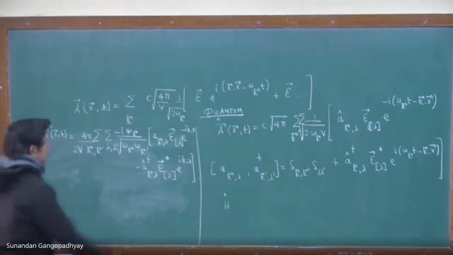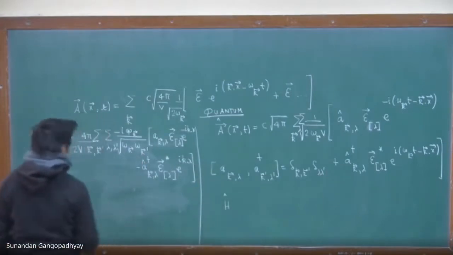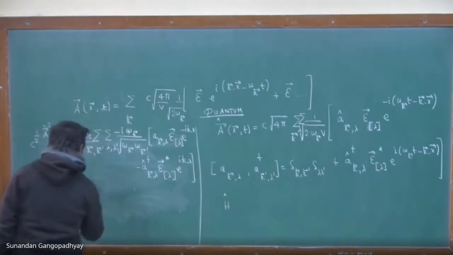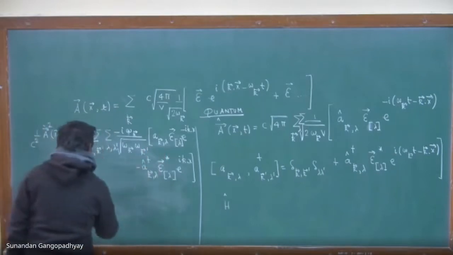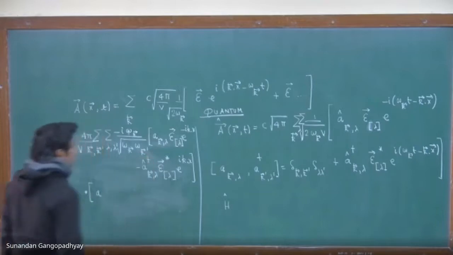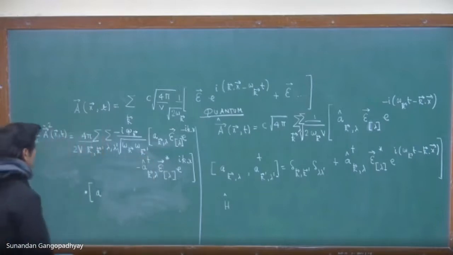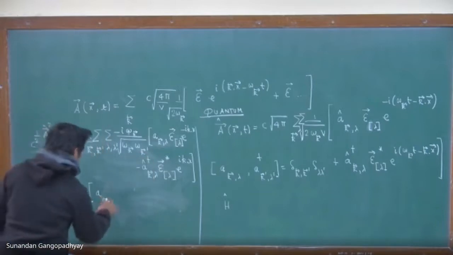So this is the first term, and then this will be dotted with, you have a dot product, the same thing but with k and lambda replaced by k prime and lambda prime. So this will be k prime.